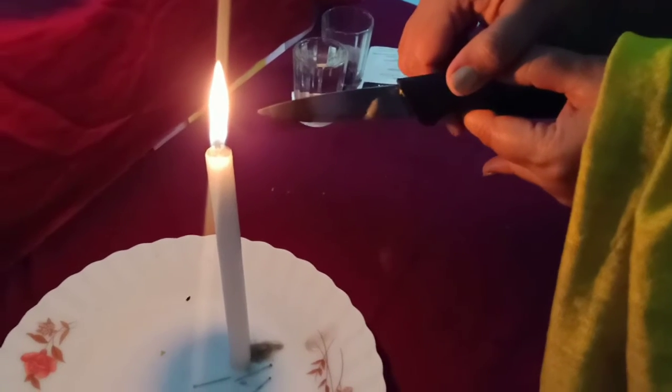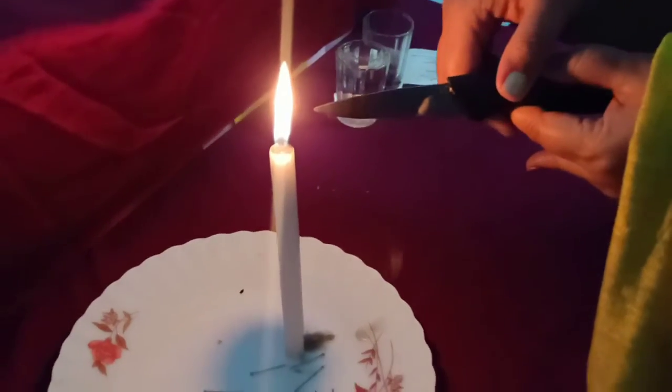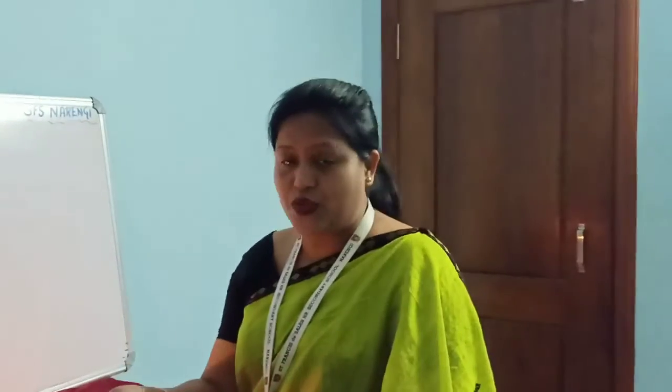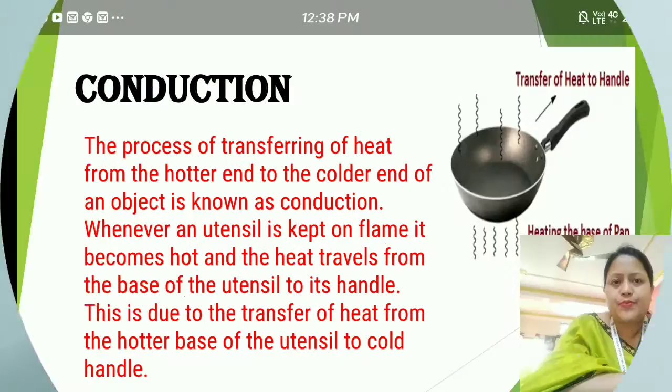I think you have understood that. And here we have seen that the heat transfer occurs from molecule to molecule. I hope you have understood the activity related to conduction, children, and you have seen how the heat has been transferred from the hotter region to the colder. Fine. So let's look at the definition.